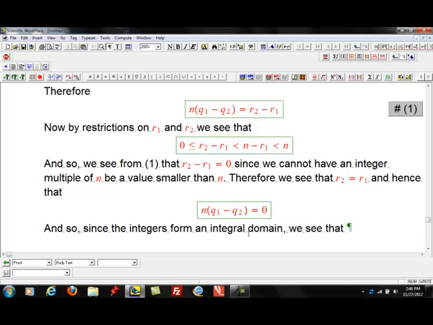So what does that tell you about q1 minus q2? Yeah, it has to be equal to 0. So I have q1 equals q2. Therefore, q and r are unique in the division algorithm.